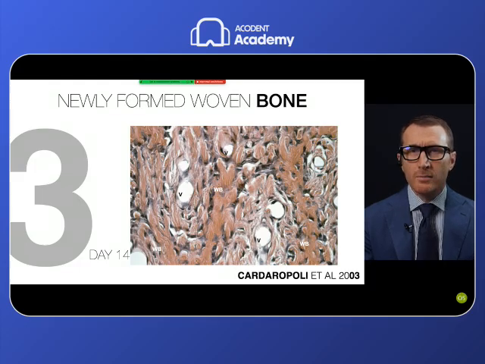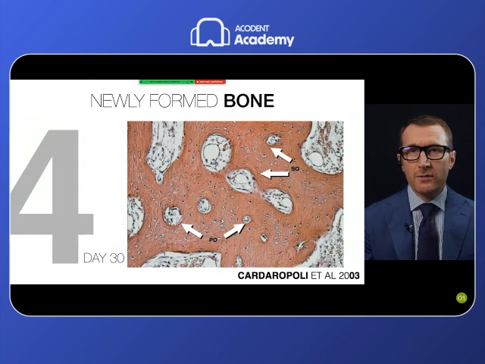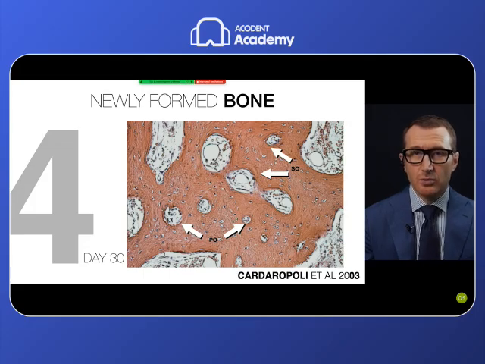And then the woven bone will be reorganized into lamellar bone, where the collagen fibers are placed parallel. So it is organized to give the best function and structure to the bone.